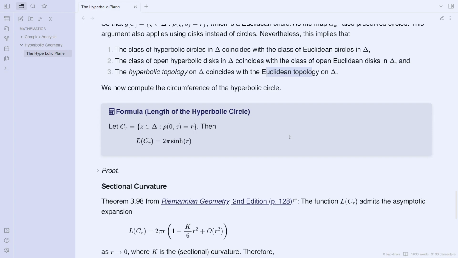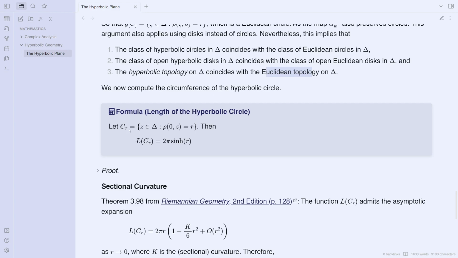Now, as far as the circumference, this is going to tell you about how this hyperbolic space behaves. In hyperbolic space, we're going to get a different formula for the circumference of the hyperbolic circle. It's quite interesting.